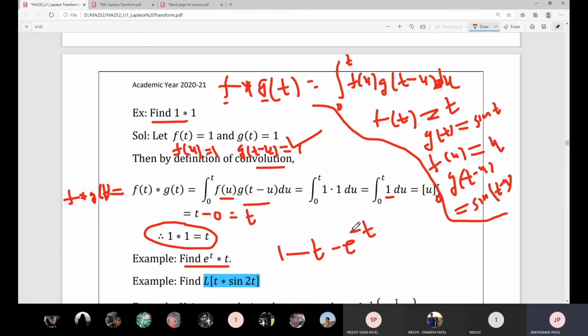Yes, it differs by a minus. Okay, what is your f? f of u is e raised to u, and what is your g of t minus u? t minus u. Okay, done.